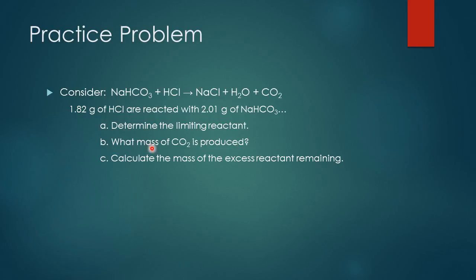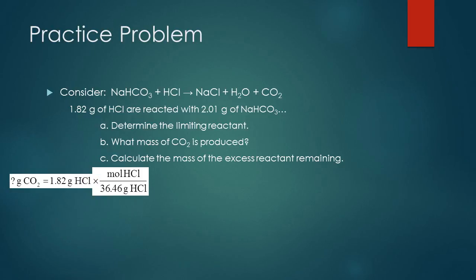So I'm going to need to figure out the mass of CO2 that we can make. So when I do this calculation, I am going to find the mass of CO2 that the HCl will give us. I'll also find out how much CO2 the sodium bicarbonate will give us. This way I can kind of kill two birds with one stone, so to speak.